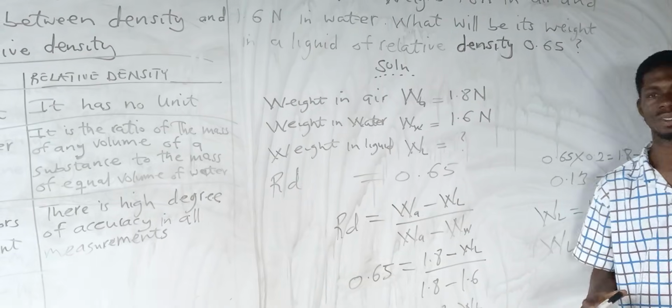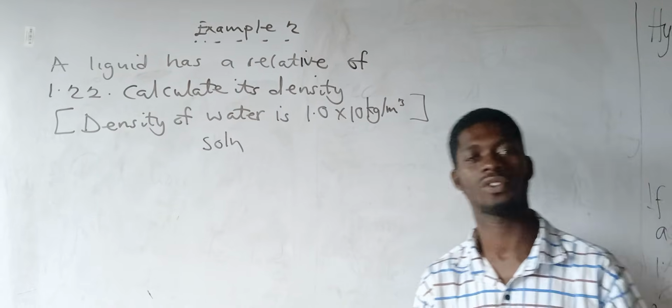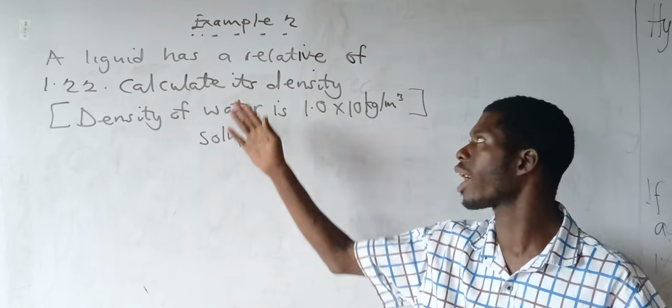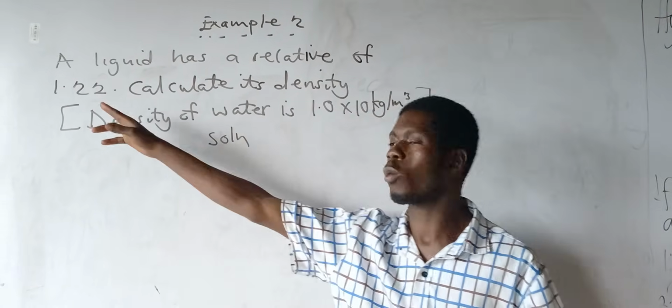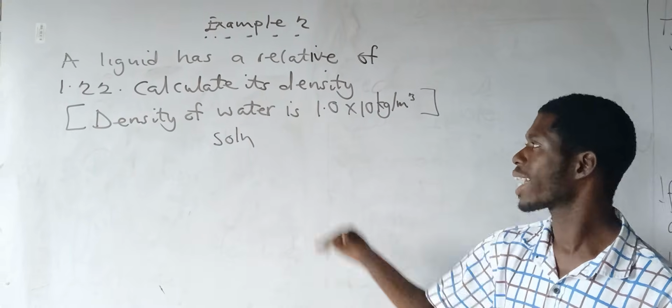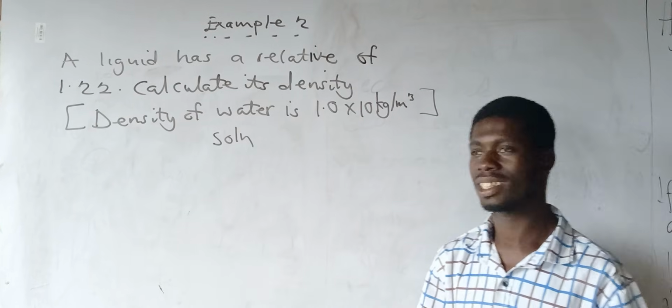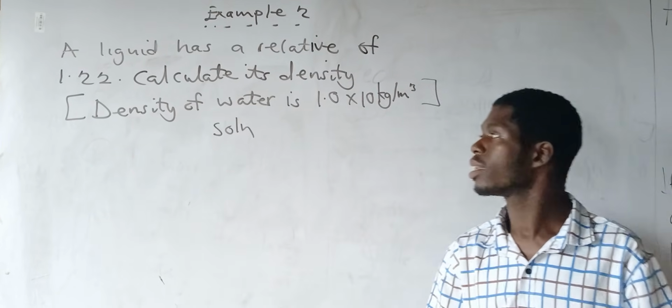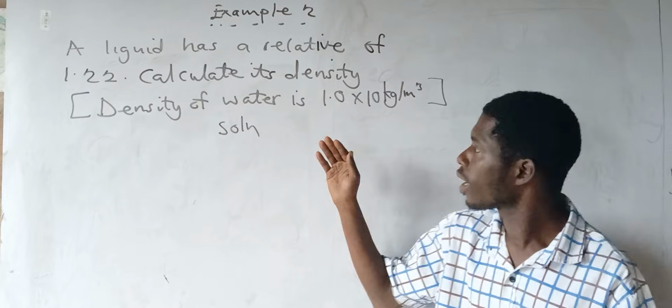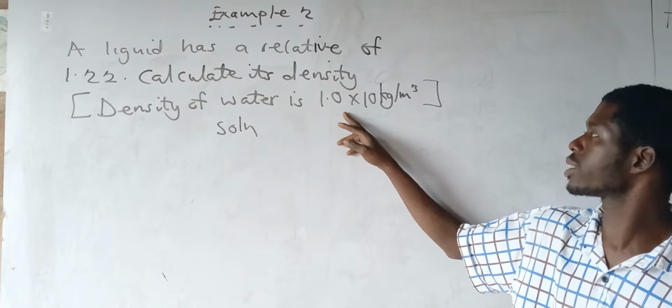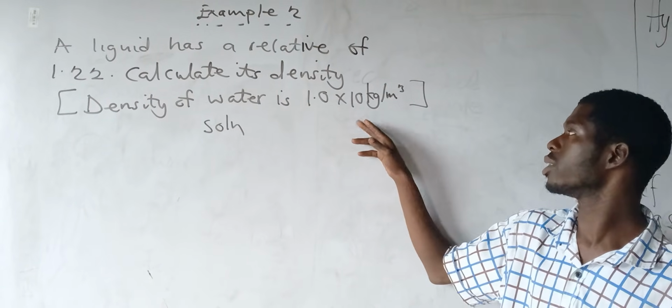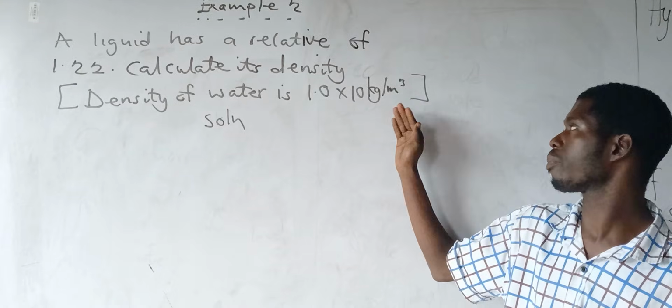So example 2. It says a liquid has a relative density of 1.22. Calculate its density. And they have given us the density of water as 1.0 times 10 to the power 1 kilogram per meter cube.